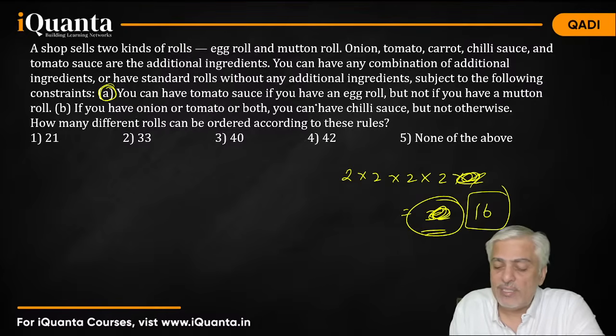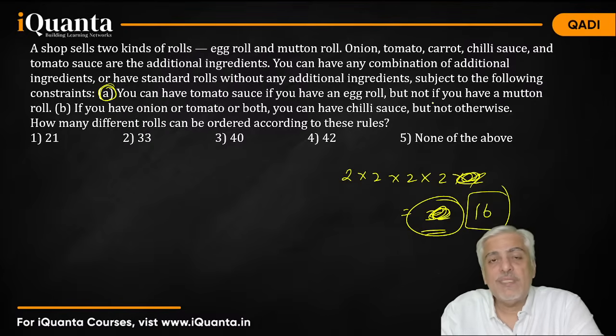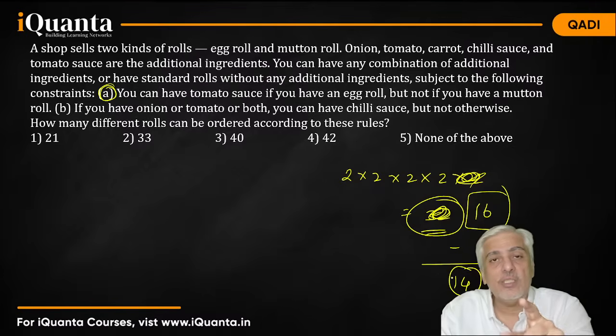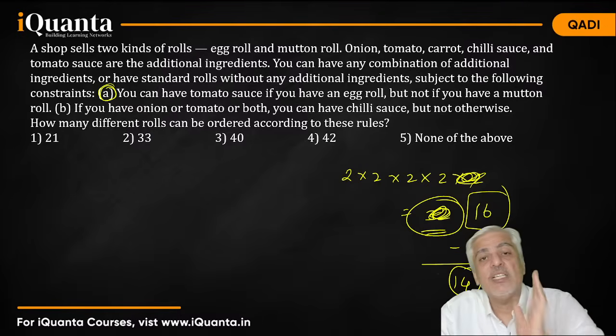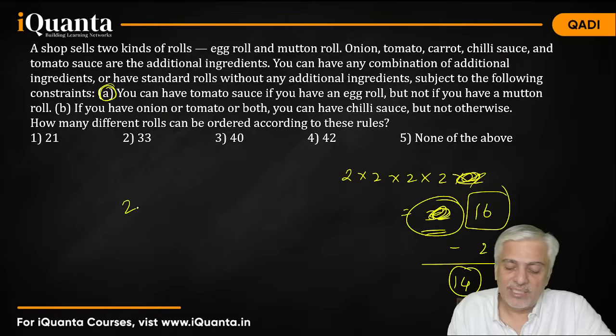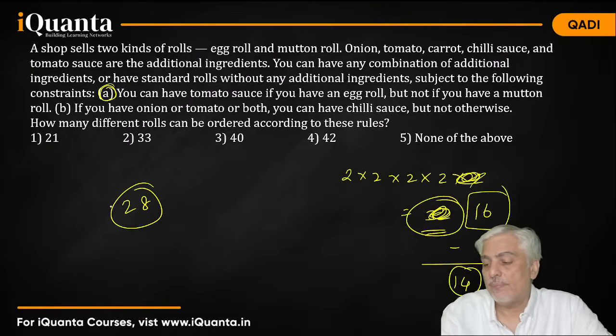Even without case B, this would have been 16. But इसमें से कौन से cases minus करने हैं? So these 16 cases में से you have to subtract 2 cases. Which are those 2 cases? When onion is not there because of which chili cannot come. Carrot is not there because of which chili cannot come. Those 2 cases will go and you will have 14 cases. And here it will be exactly double because the cases are same. Are we clear, everybody, now?